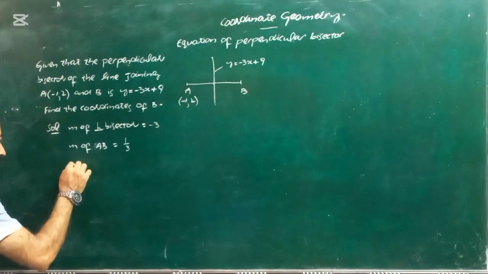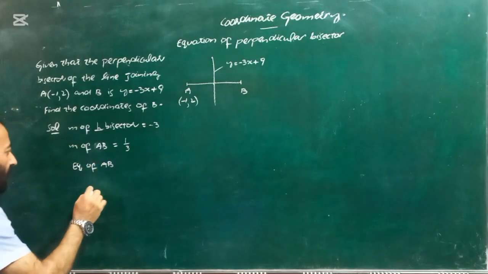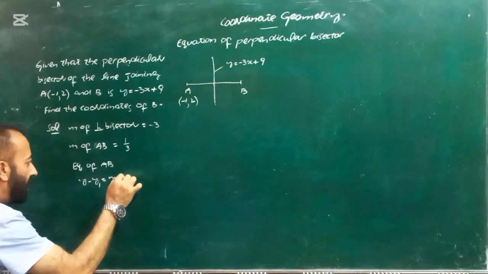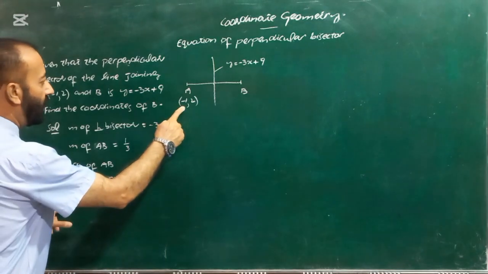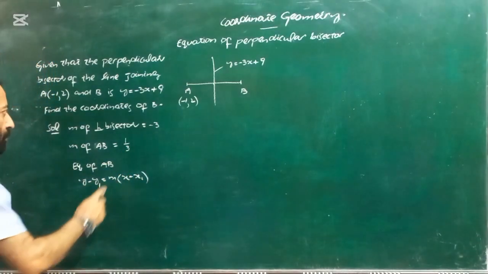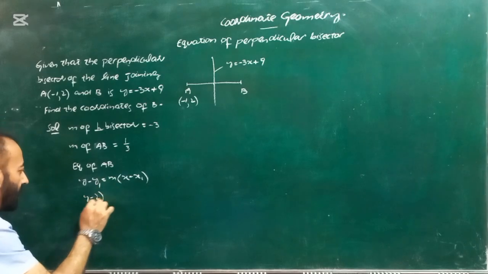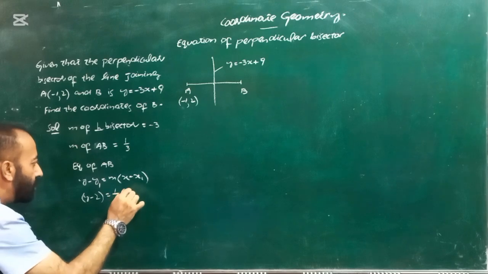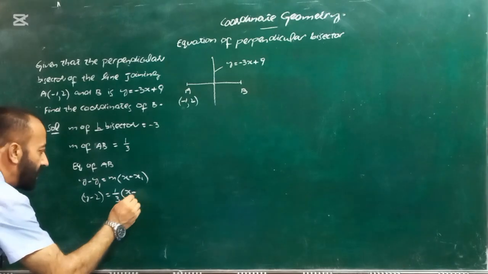So now look, the equation of the AB line. The formula used is y minus y1 is equal to m into x minus x1. So this is the point given on the line, this is x1, y1, and the gradient is 1 by 3. So putting values into the formula, y minus y1 is equal to m, m is 1 by 3, into x minus x1. So x1 is minus 1, because of this it will become plus 1.